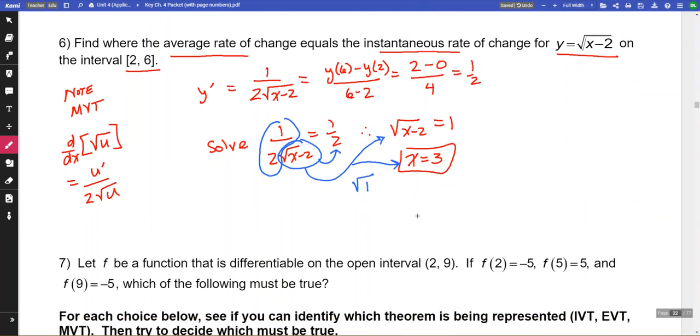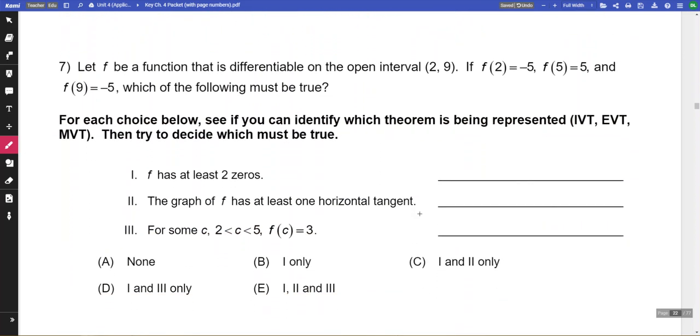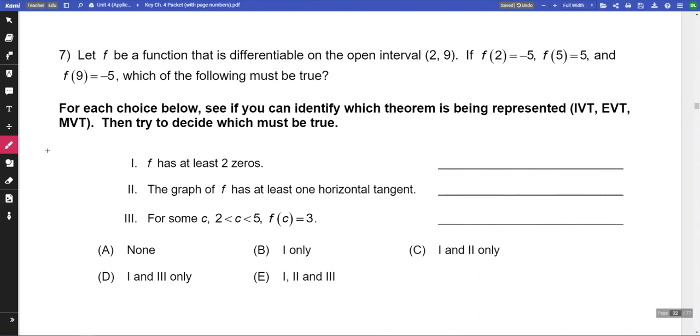Okay. Continuing with our work, here we have a function that is differentiable on the open interval, and we have closed endpoints to our interval, and we want to identify which of the following must be true. So if we're continuous, IVT applies, the intermediate value theorem. If we're continuous on a closed interval, extreme value theorem applies.